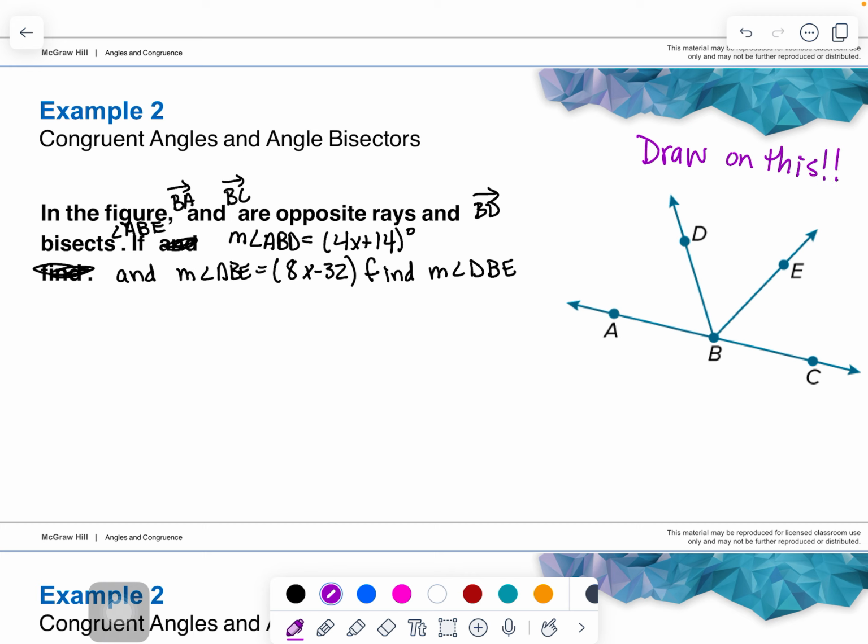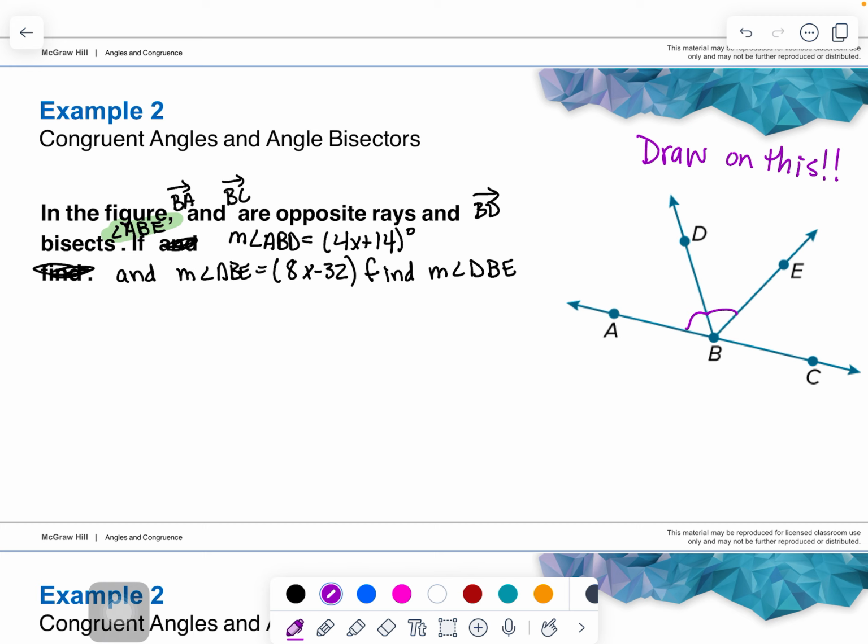So they're opposite rays. BD, this one, bisects ABE. So let's draw that in there. It bisects, which means that these are going to be the same size. So put in your matching congruent marks.